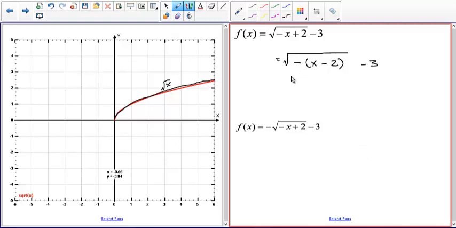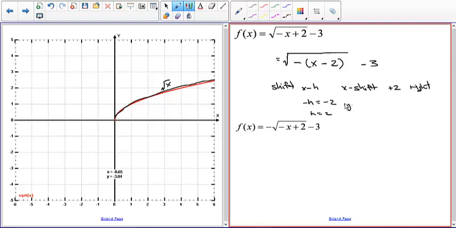So what this means is I'm going to do a y-axis reflection. But my shifts in this case, what I have is x minus h. So negative h equals negative 2, or h equals 2. So in this case, we have an x shift of plus 2, which means to the right.